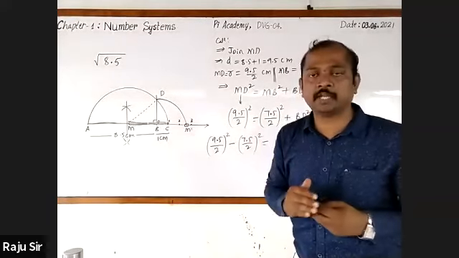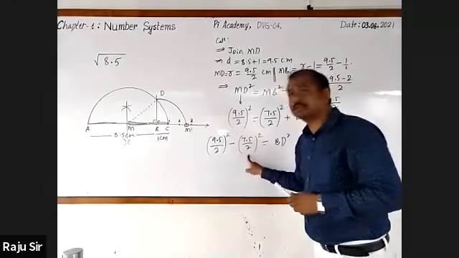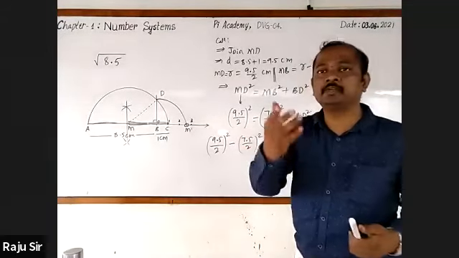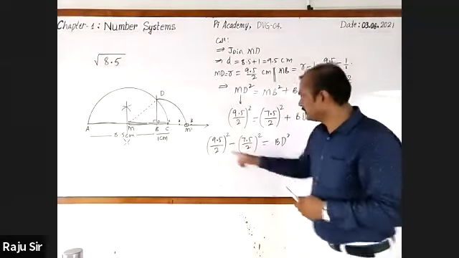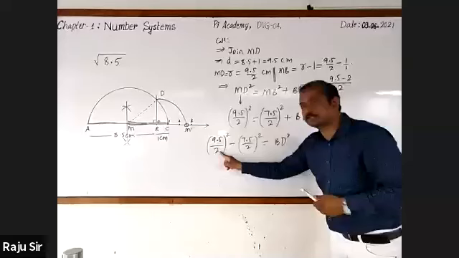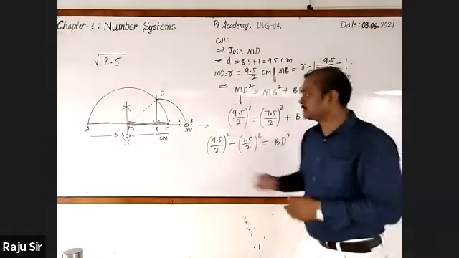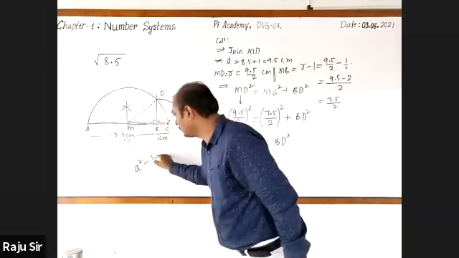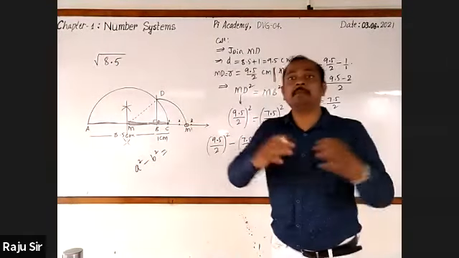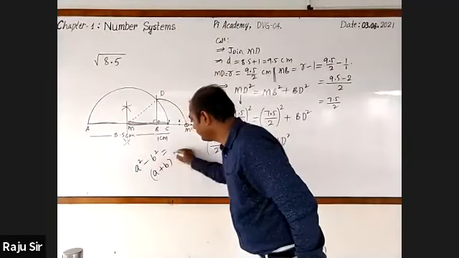To save our time and reduce the number of steps, you can use the algebraic identity which you have learned in your previous class. These two terms are of the form a square minus b square. It can be expanded as a plus b into a minus b.